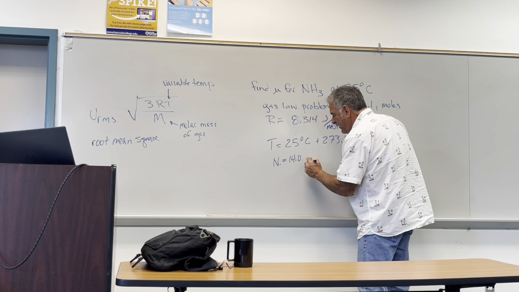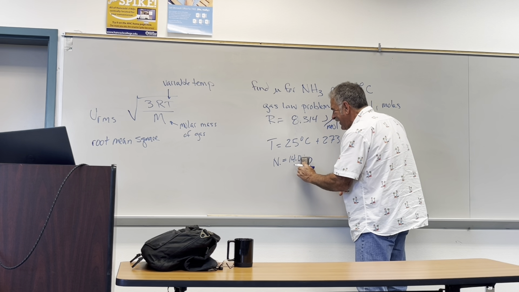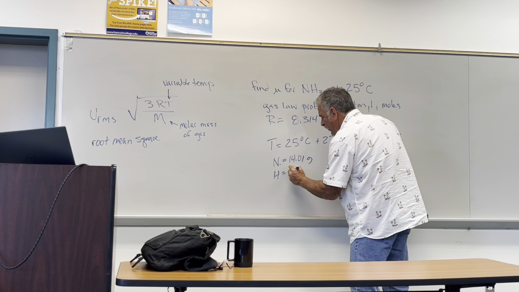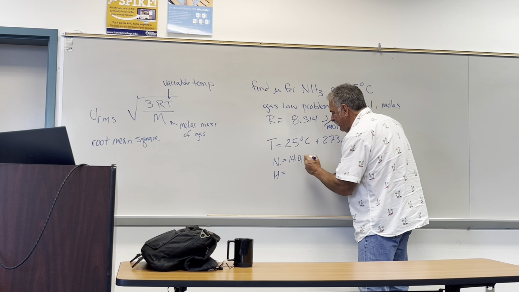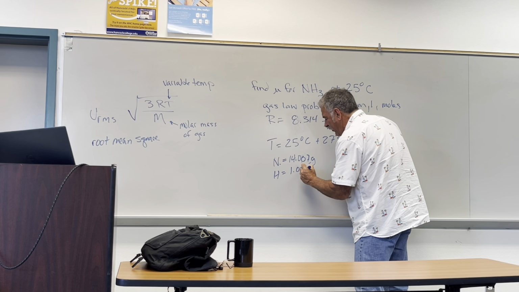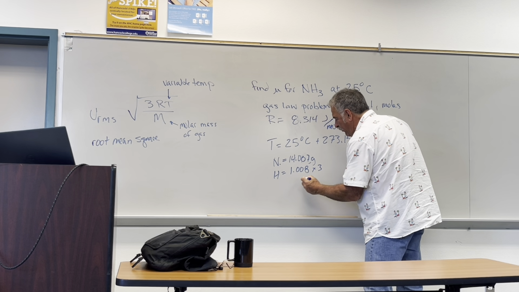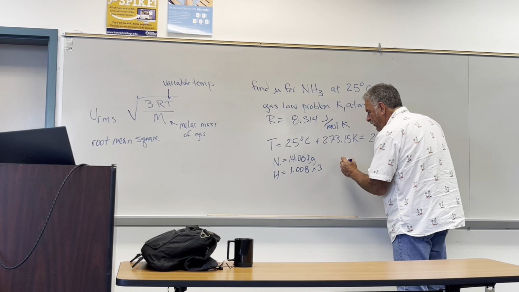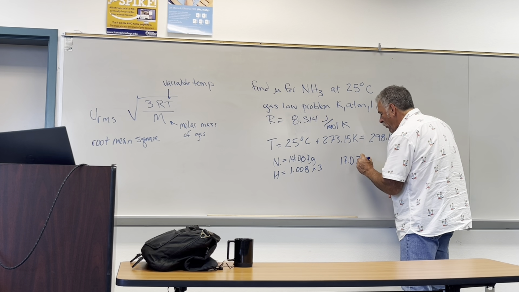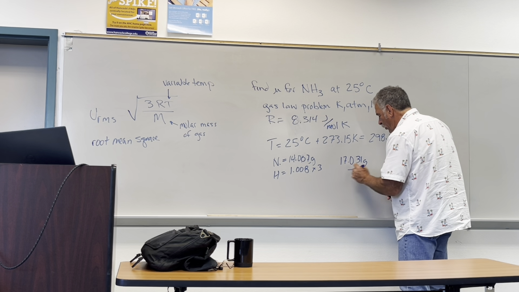Nitrogen is 14.007 grams, and then hydrogen is 1.008 times 3, right? So that's 17.031 grams per mole.